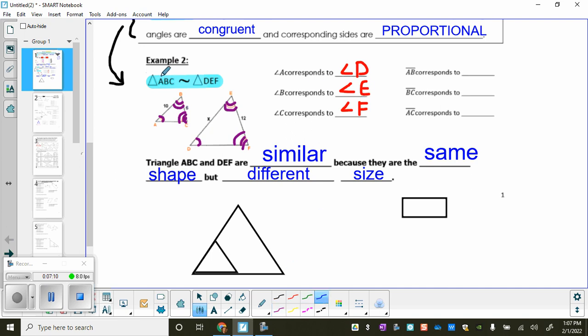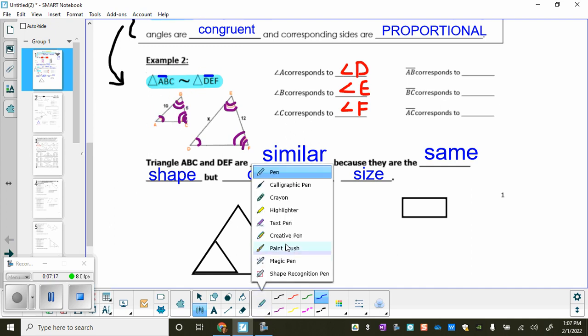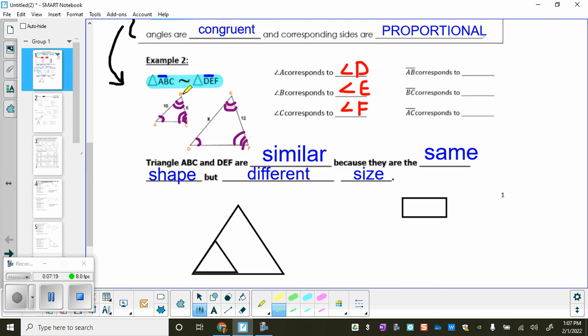Now A to B over here, I can say, so my first 2 right here would be DE. And we can see it right here as well. If I highlight this left side in yellow, A to B is the one that corresponds right here with D to E. So we're going to put DE right here. All right, now BC. So if I am in this smaller one, side B to C is over here.